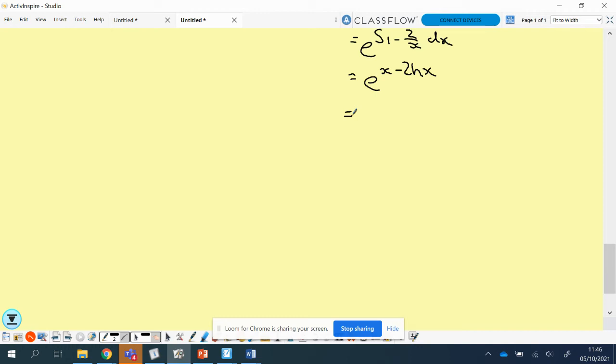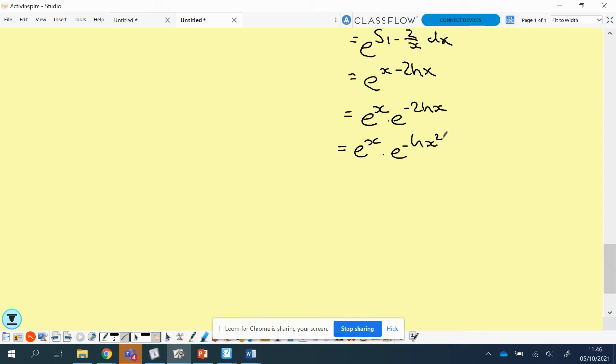So that means that I would get e to the x multiplied by e to the negative 2 log x. That becomes e to the x multiplied by e to the negative 2 log x. Well, the 2 can go up as a power first of all. So that can be e to the negative log x squared.